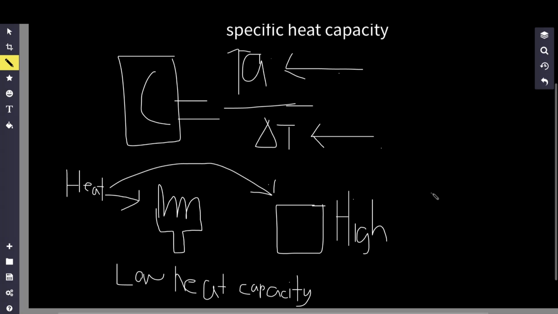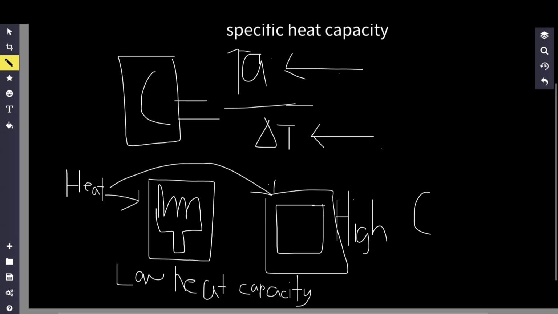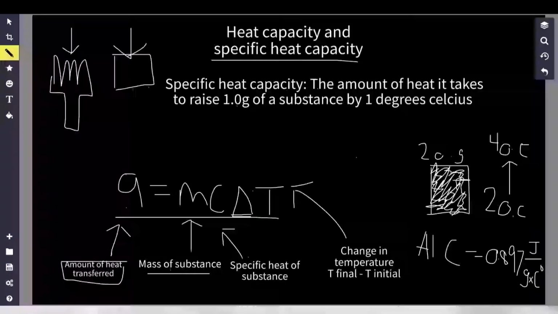I'm just going to write C, high heat capacity. Just to recap, objects that absorb heat easily, like this metal fork, have a low heat capacity. Objects like this piece of glass that have trouble absorbing heat have a high heat capacity.